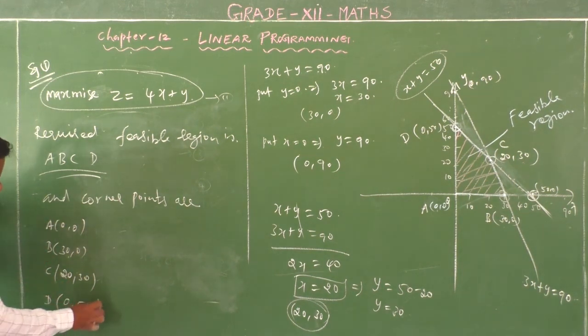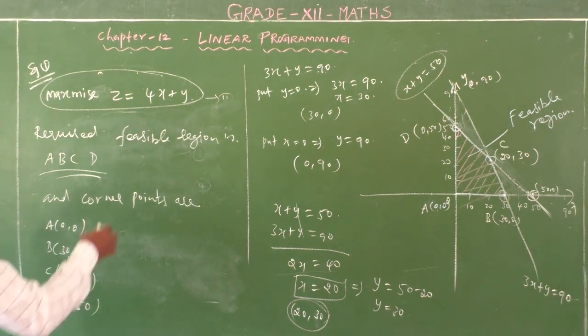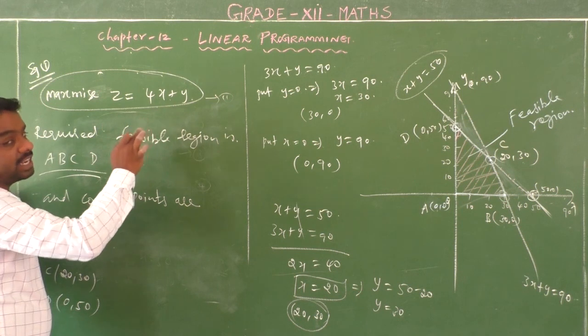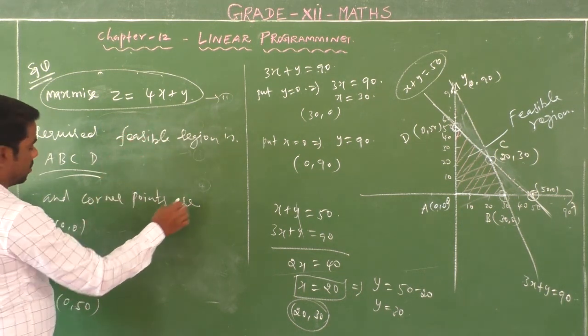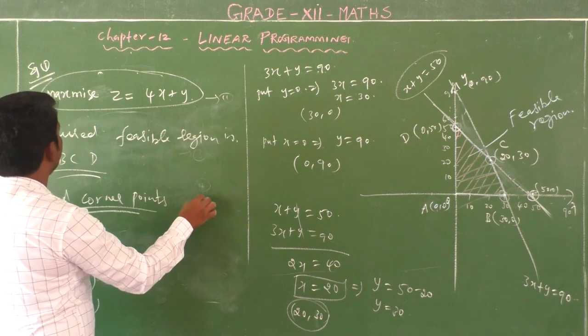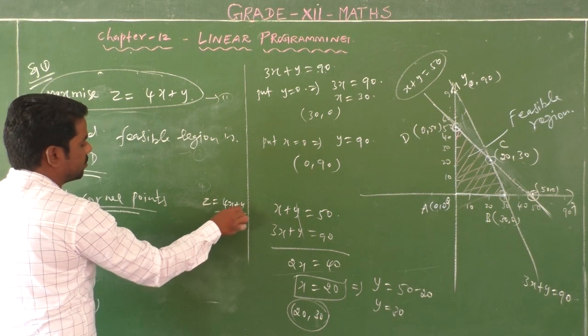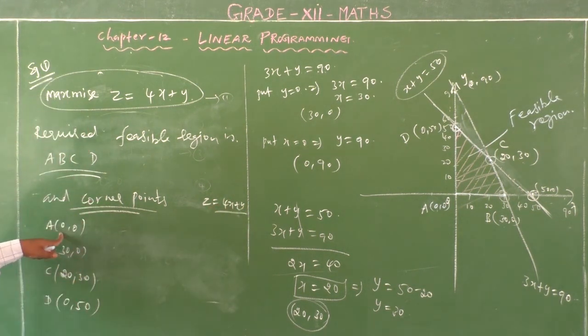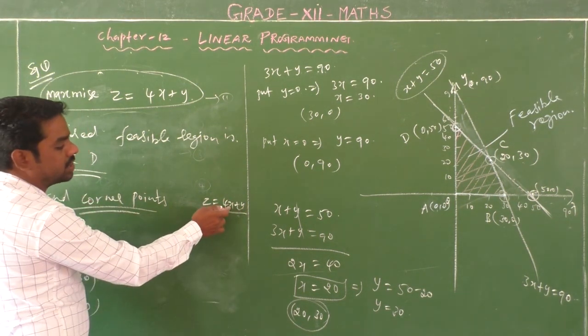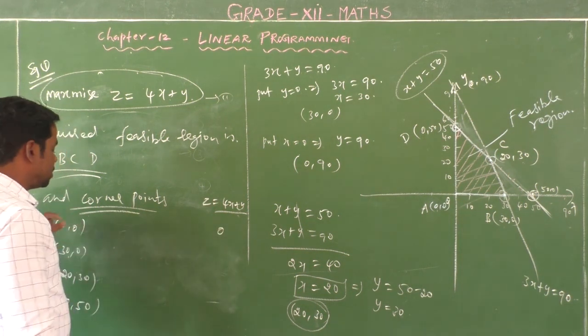These four points are corner points. We substitute these corner points into the given objective function to find the optimum value, z equal to 4x plus y. Substituting 0, 0: 4 into 0 plus 0 is 0. So the value of z is 0.